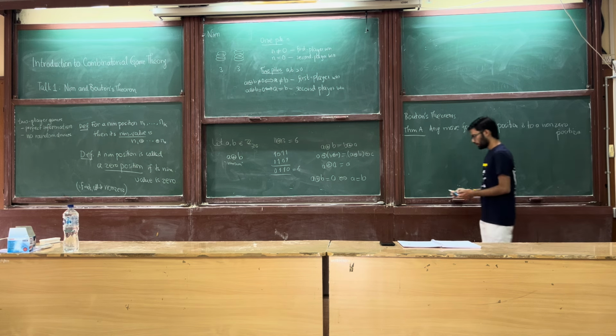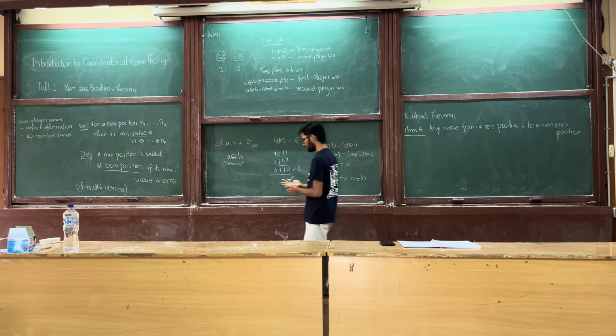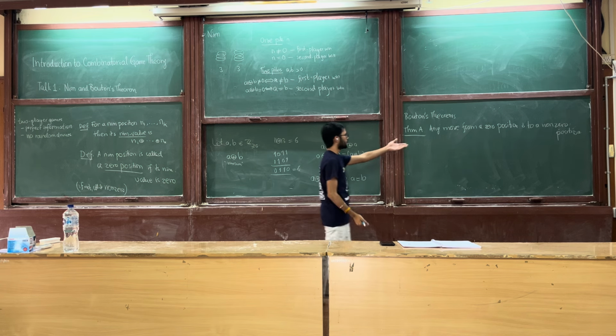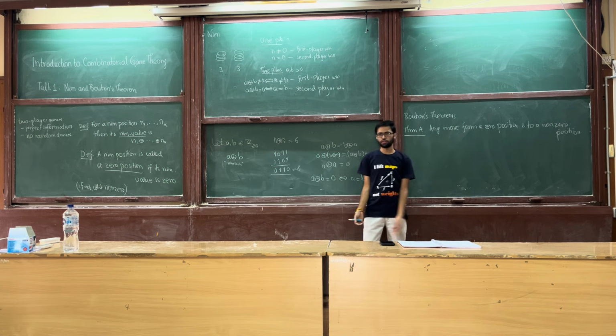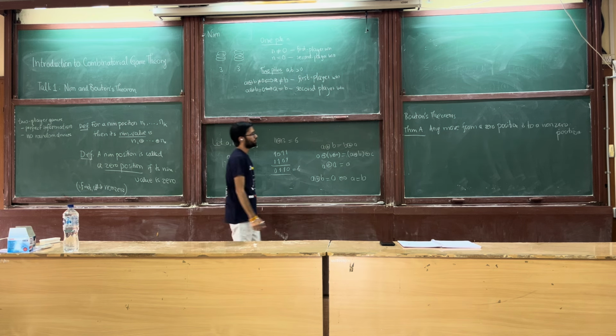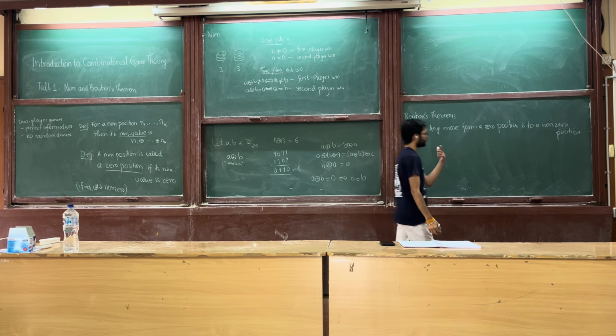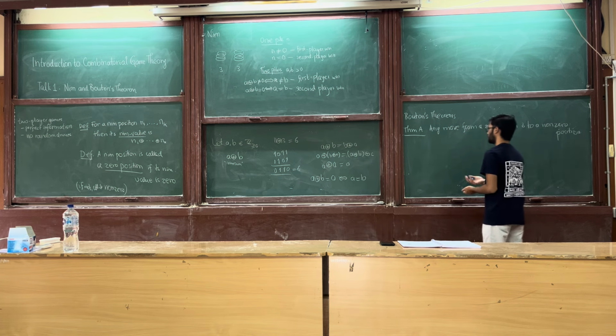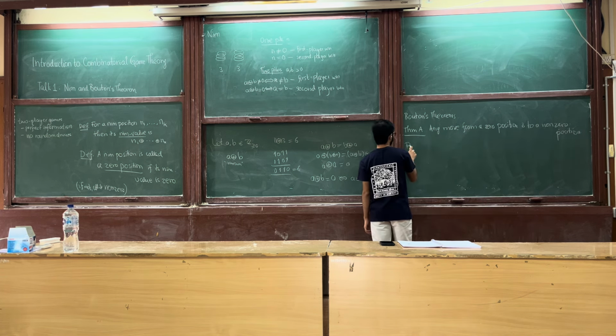What this is saying is that if you move from a zero position in Nim, so if you have a Nim position with its nim value zero, then if you make a move, any move from it, will have to be to a non-zero position. And you see the proof of this, it's just simple manipulation.